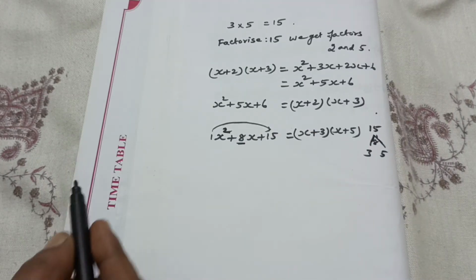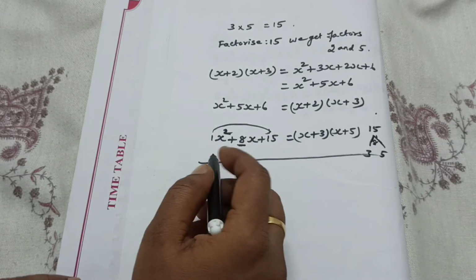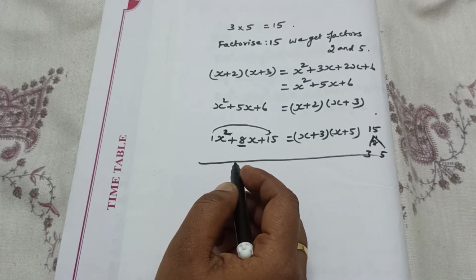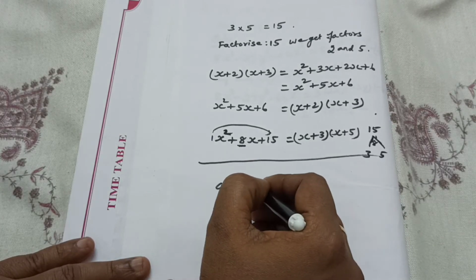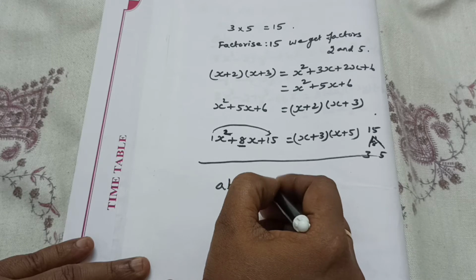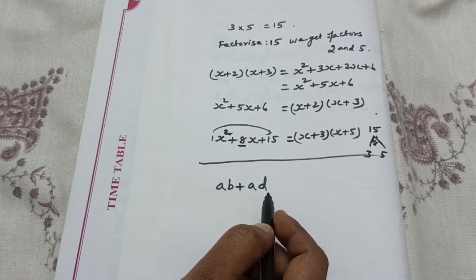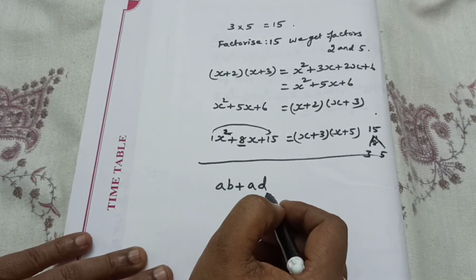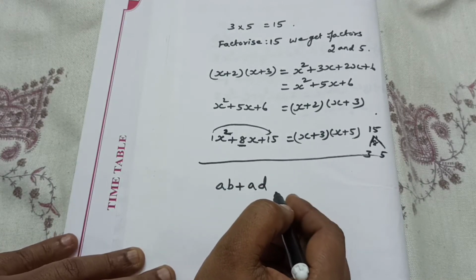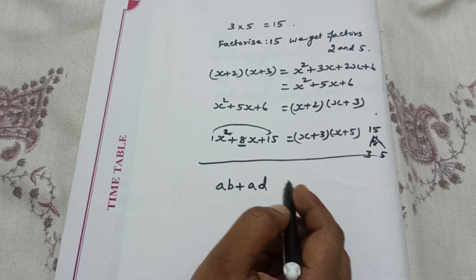Then two important ways of factorization are given. Suppose here ab plus ad is given. How many terms are there? This is one term, this is another term. Then we have to convert into factorized form.